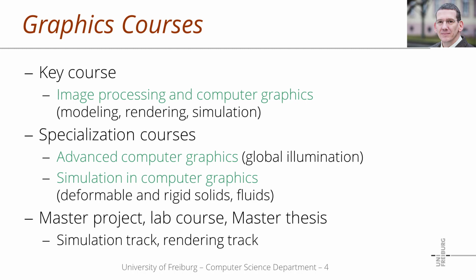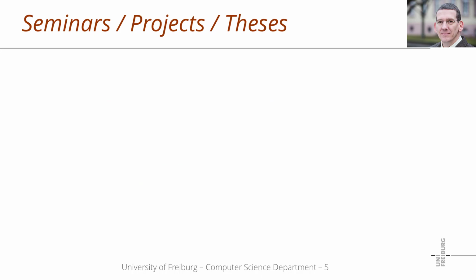We offer bachelor projects, master projects, lab courses, bachelor and master theses. In terms of the projects and theses, we distinguish two tracks, a simulation track and a rendering track.